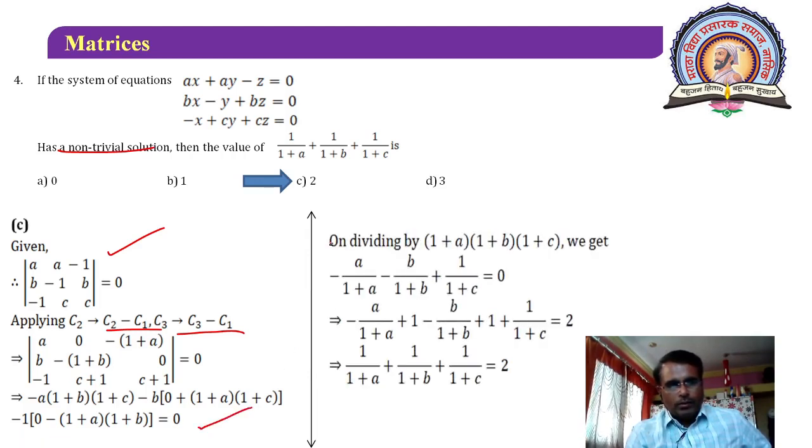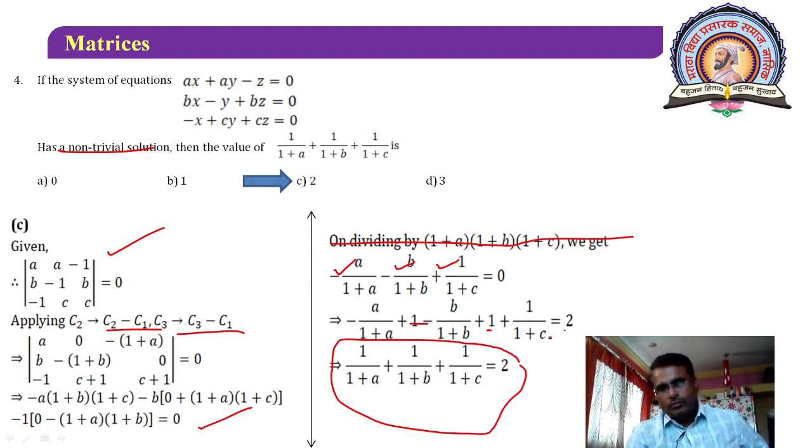That indicates that on dividing by 1 plus A, 1 plus B, 1 plus C, we get minus A upon 1 plus A, then B upon 1 plus B, and this, changing the signs, we get this. The 1 goes to the right hand side. You will observe that the value is equal to 2.